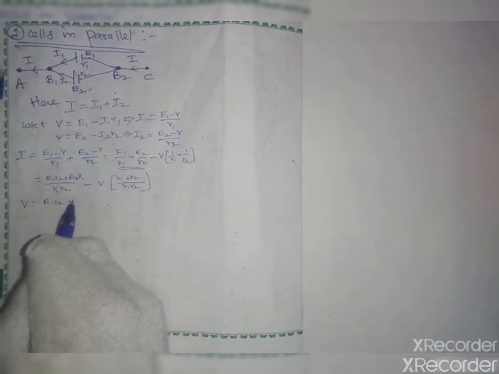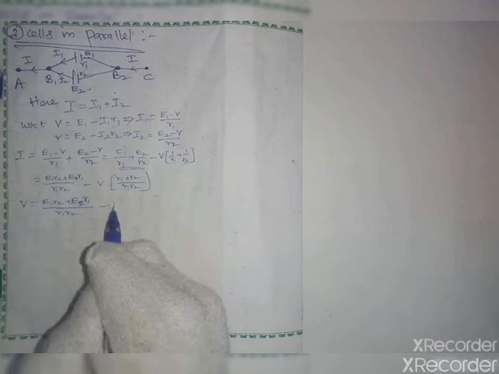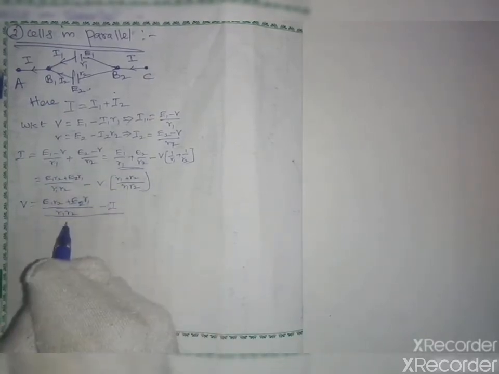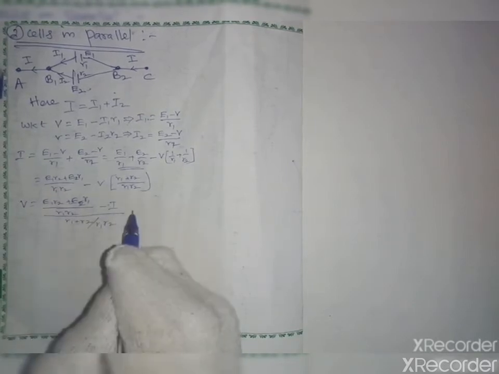Okay, so taking V on the left side, and as usual the formula V is equal to E minus Ir, so V equal to E1 R2 plus E2 R1 divided by R1 R2, minus I, and the whole divided by this term R1 plus R2 by R1 R2.